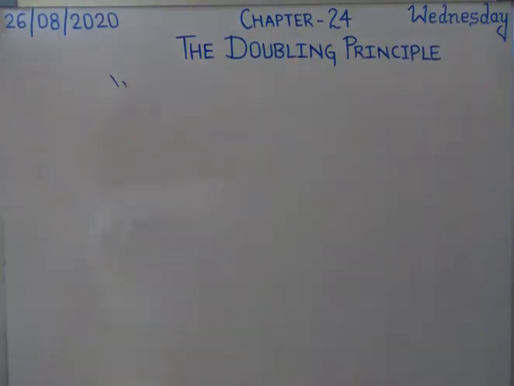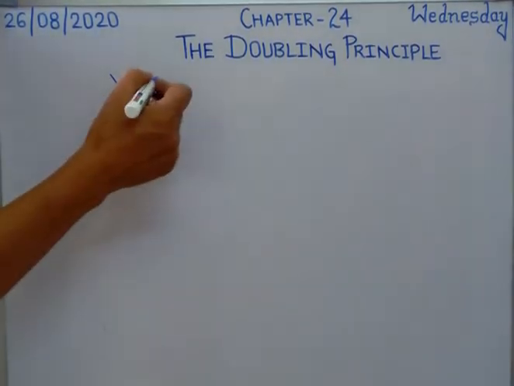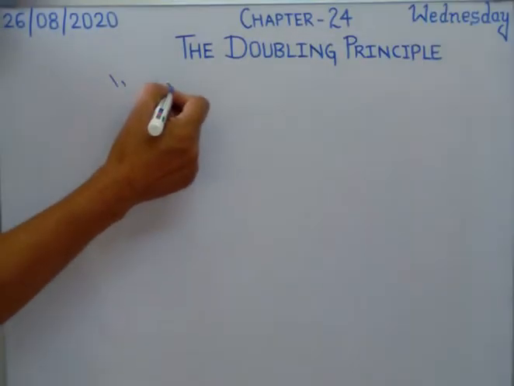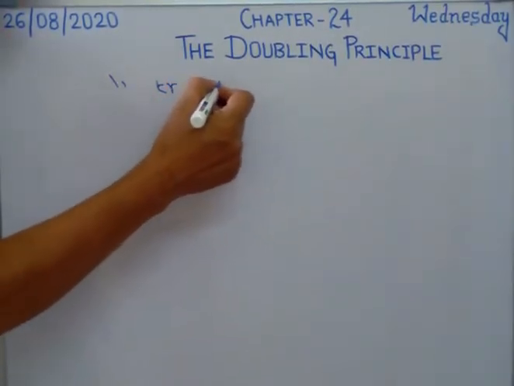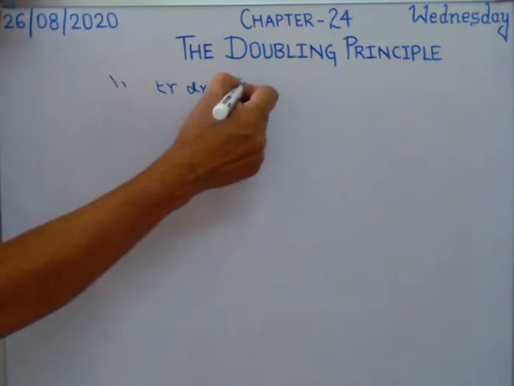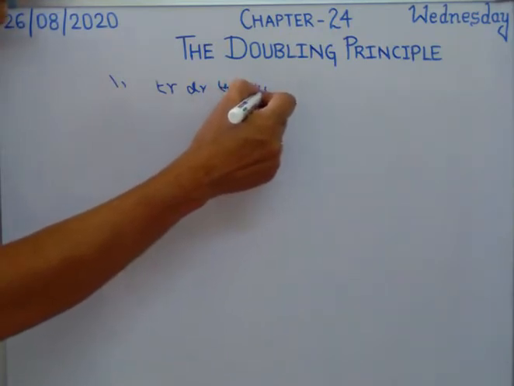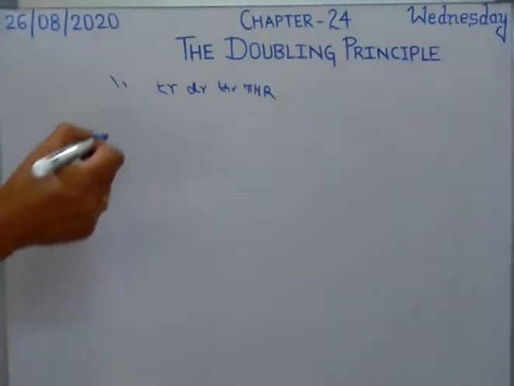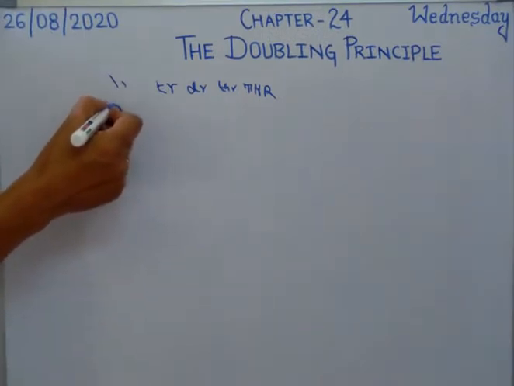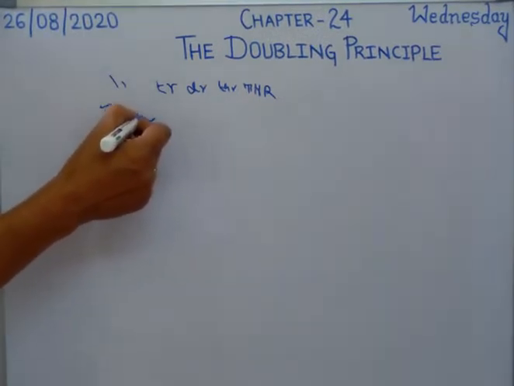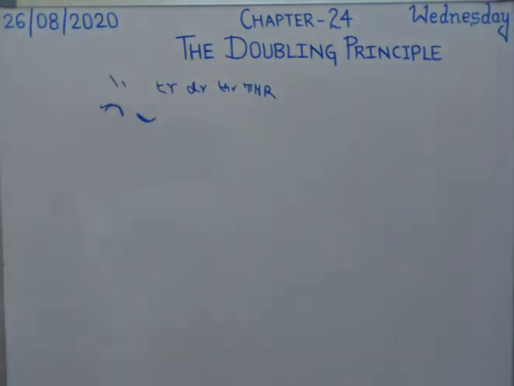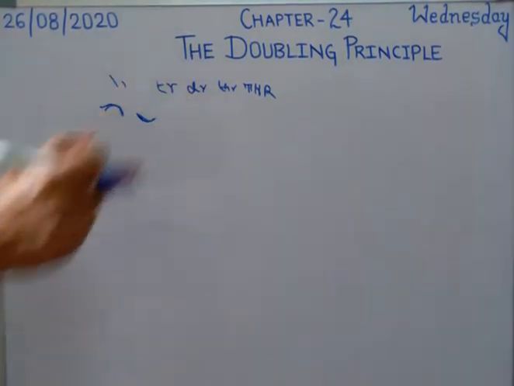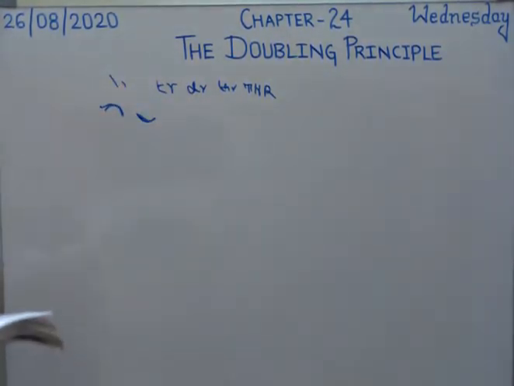The general rule of doubling principle is: when a stroke is doubled in length, the sounds of ter, der, thar, dar, etc. are added, except the strokes imp and ing. I will deal with these two consonants later. So in case of other strokes, when a stroke is doubled, the sounds of ter, der, etc. are added.